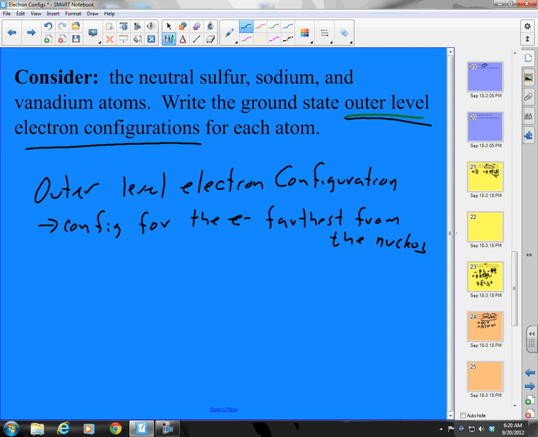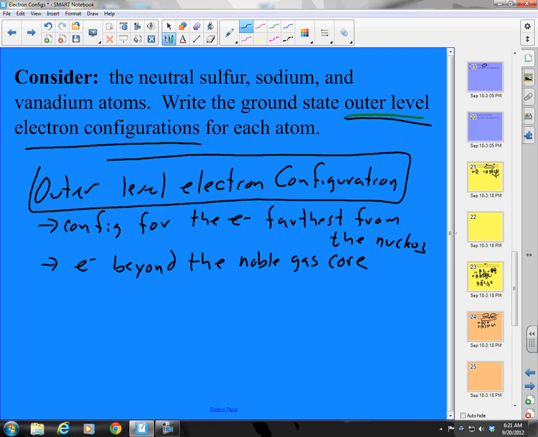The way I think about this is these are electrons beyond the noble gas core. We have a core group of electrons, represented by that noble gas, and then electrons beyond that are defined as the outer level electrons. And then we can have that configuration.